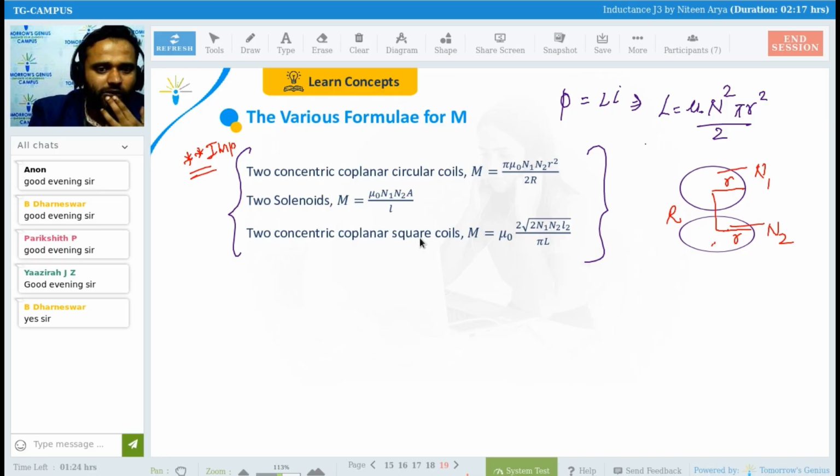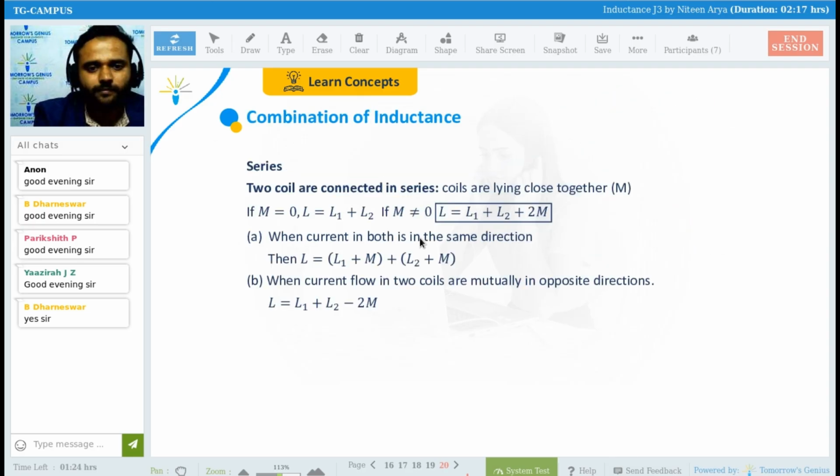Now instead of l, I can put directly 2R, because the distance is 2R. Is this clear, everyone? If you specifically want this derivation, we can do that in DRS. So for two solenoids, that is that. These are your important formulas, and based on these formulas, you can get the questions.